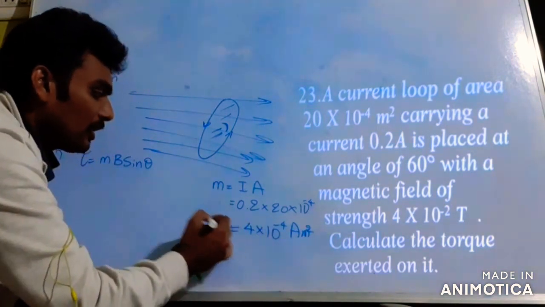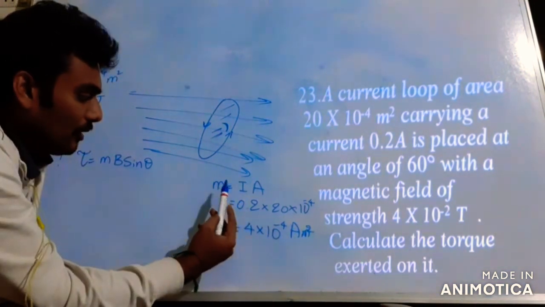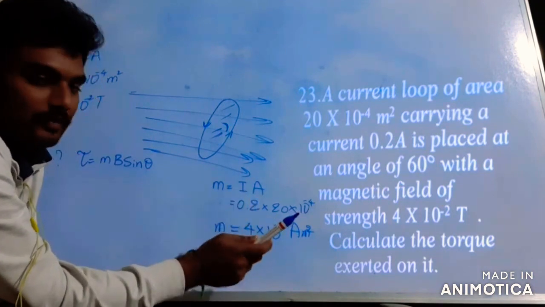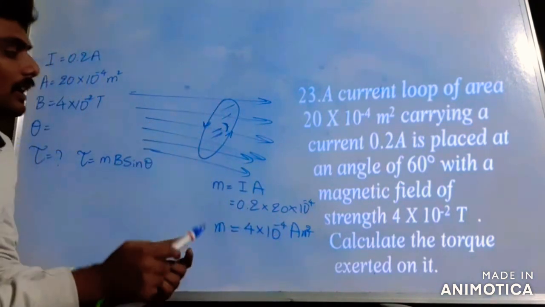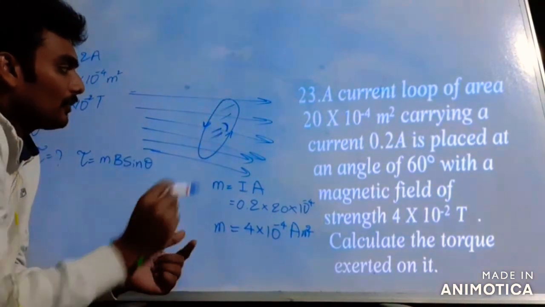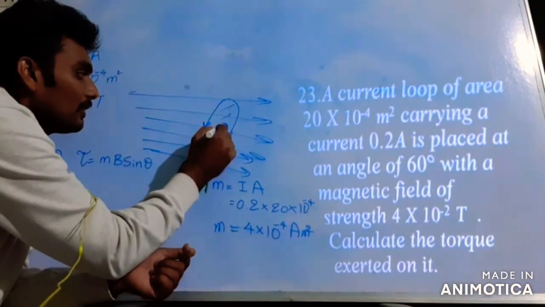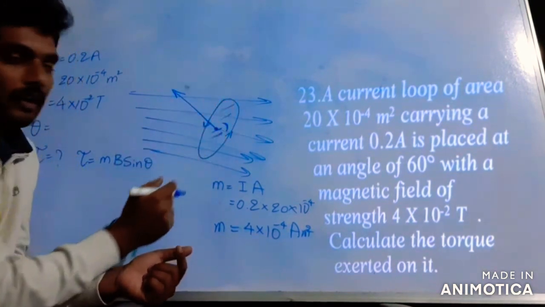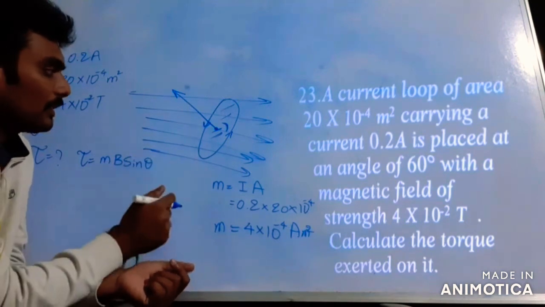Okay, this is m. And now look at the formula. Both m and A will have the same direction. So the direction of A will be normal to the plane of the coil, like this.